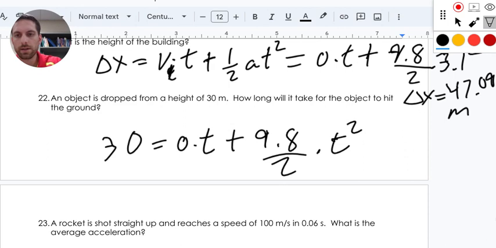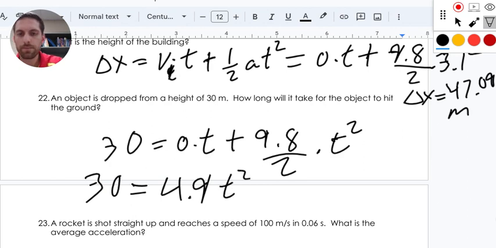We're going to get 30 equals 4.9 time squared. We'll divide both sides by 4.9.